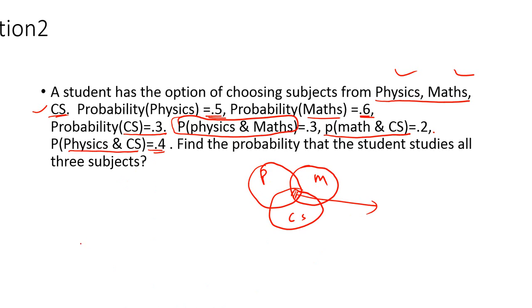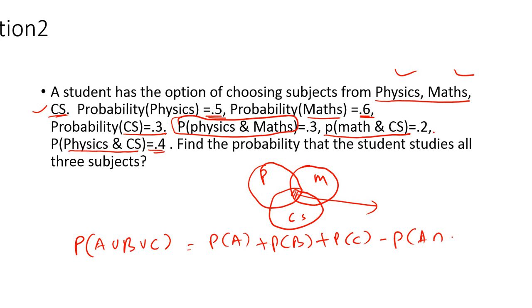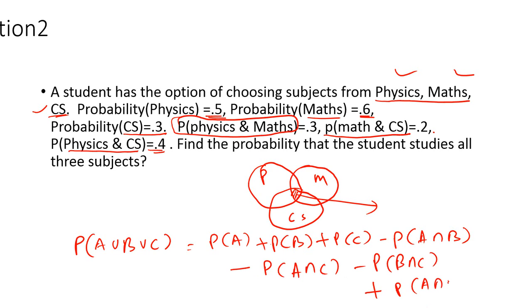If we use the fundamental theory of probability, we know that P of A union B union C is nothing but P of A plus P of B plus P of C minus P of A intersection B minus P of A intersection C minus P of B intersection C plus probability of A intersection B intersection C. And we have been given these values, right?